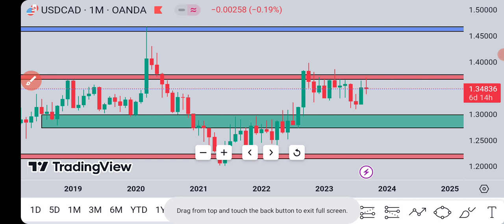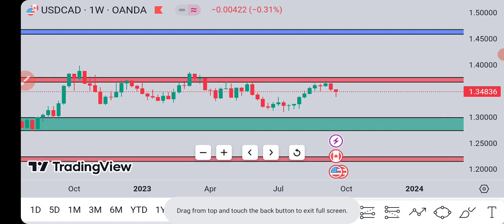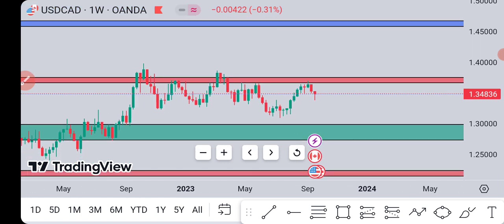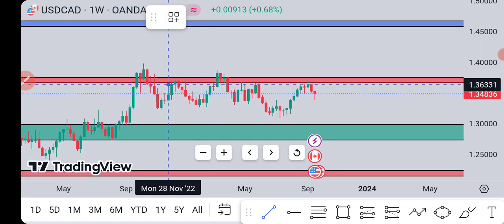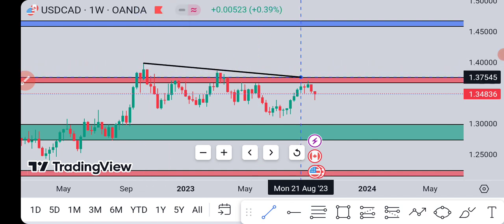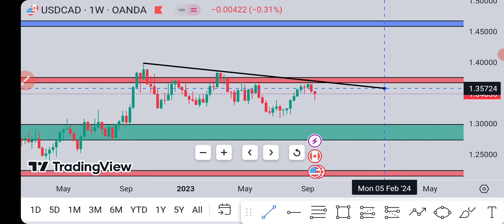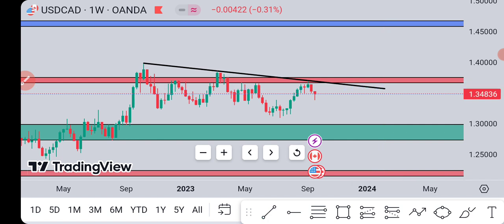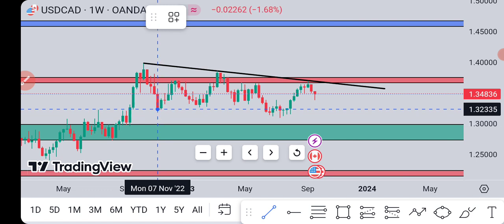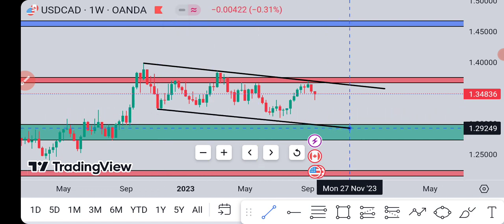Heading to my weekly chart, the same thing I saw on the monthly time frame is something I will also see on my weekly chart. This counter trend line from here, and also this one from here, just in a range.